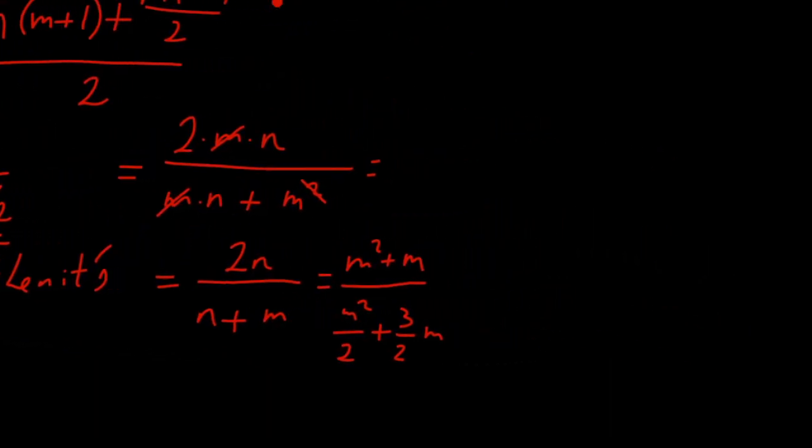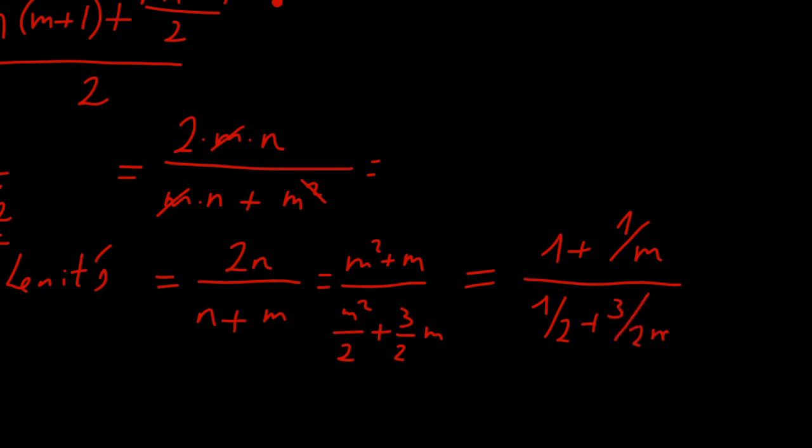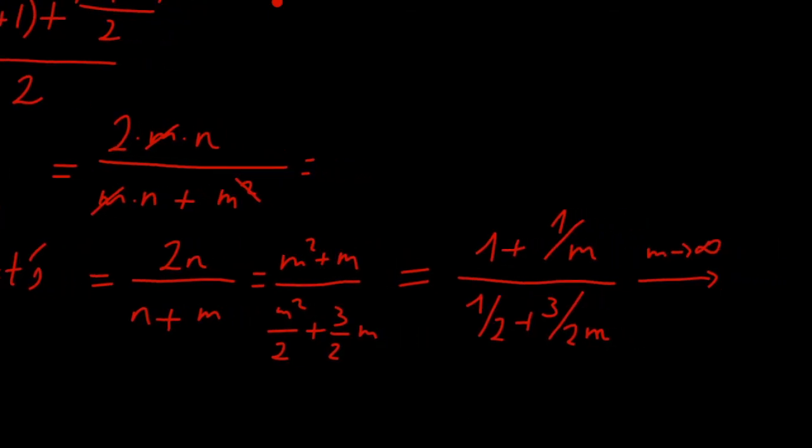Now again I can cancel m square, so it's 1 plus 1 over m divided by 1/2 plus 3 over 2m. And if m tends towards infinity, then it tends to 2, since 1 divided by 1/2 is 2. So this means that there is no algorithm which can consistently do better than a competitive ratio of 2 for any possible input size.